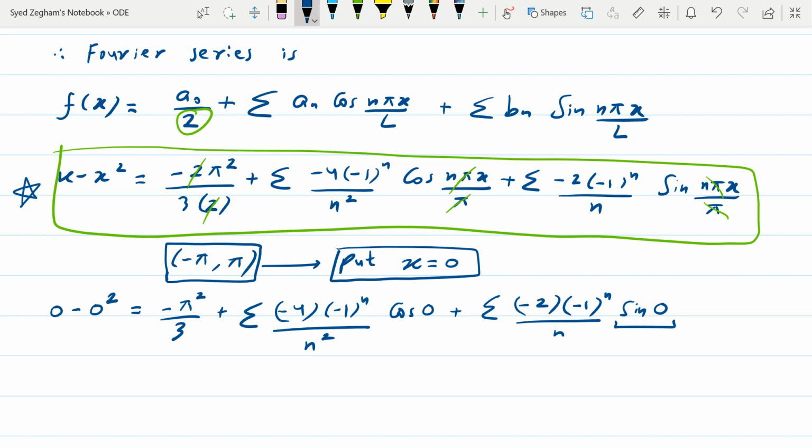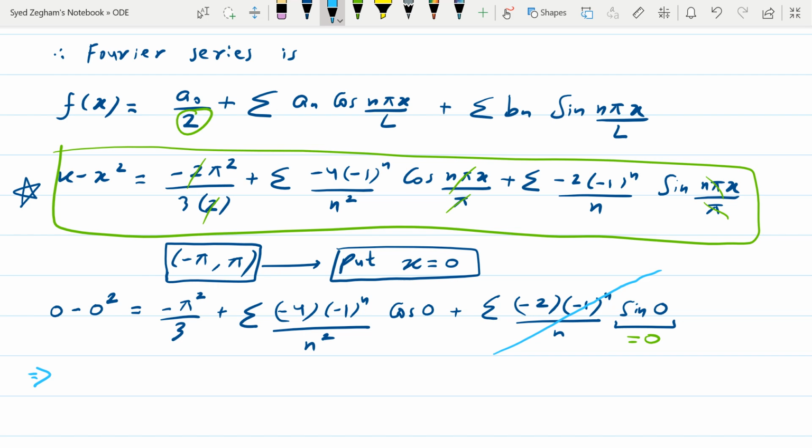And we know that the value of sine 0 is equal to 0. So if you see the second series, the second summation will all become 0. So we are left with only the first two terms.